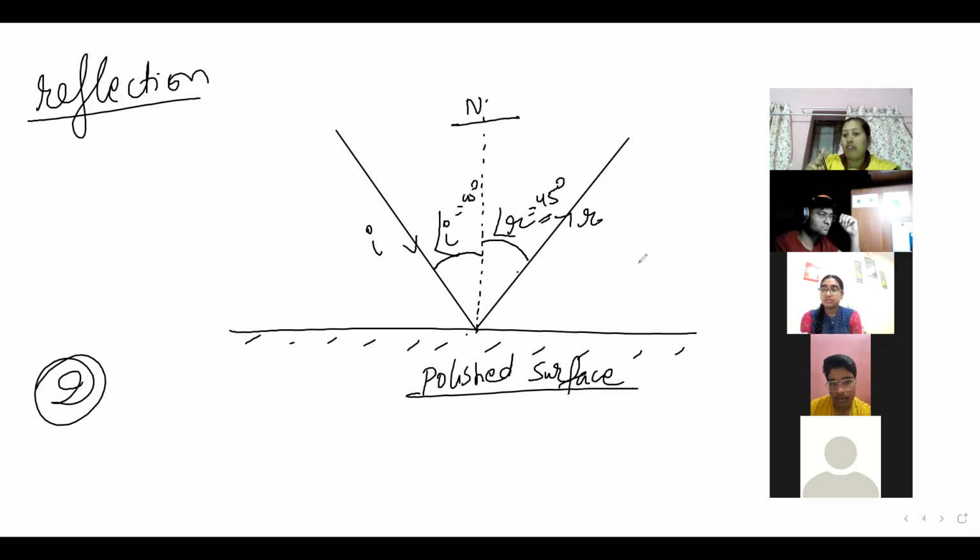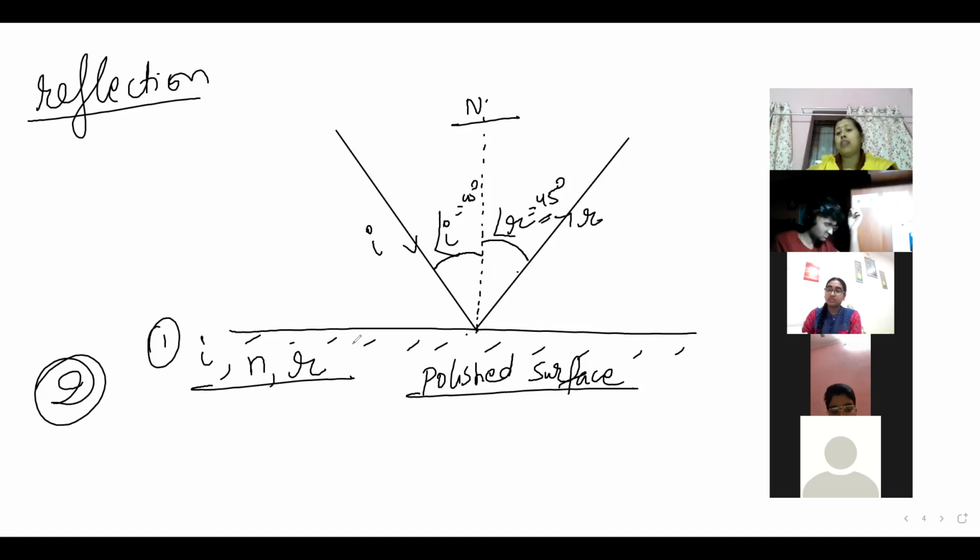There are two laws of reflection that you should know. First law: the incident ray, the normal, and the reflected ray all lie in the same plane. These things we studied in class 10 as well as in class 8.